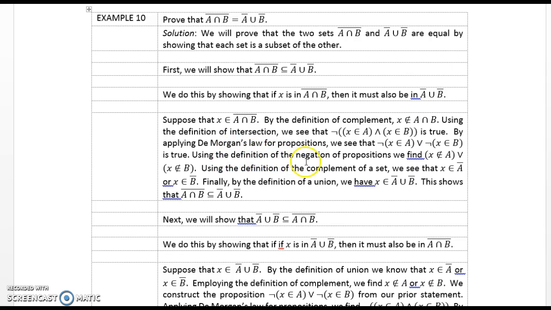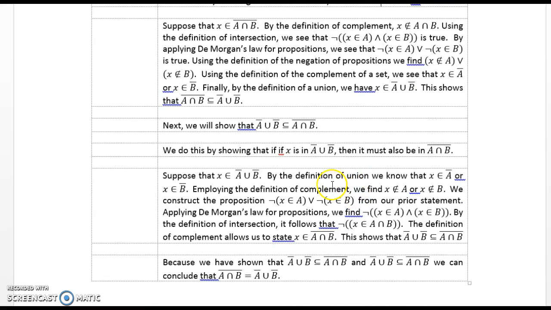Using the definition of negation of the propositions, we find X is not an element of A or X is not an element of B. Using the definition of a complement set, we see that X is an element of the complement of A or X is an element of the complement of B. Finally, by definition of union, we have X is an element of the complement of A union the complement of B. This shows that the complement of the intersection is a subset of the union of the complements.